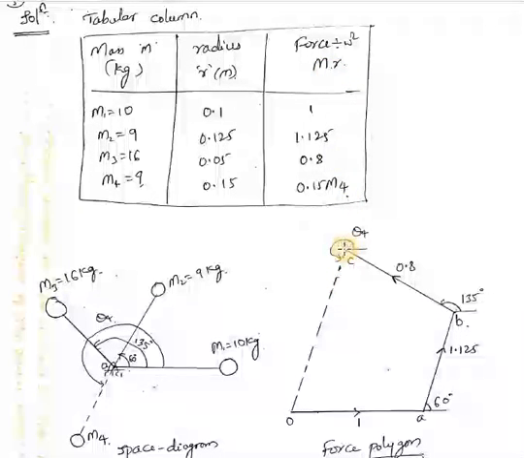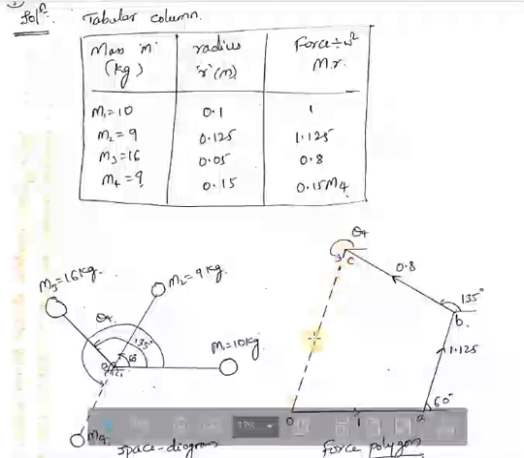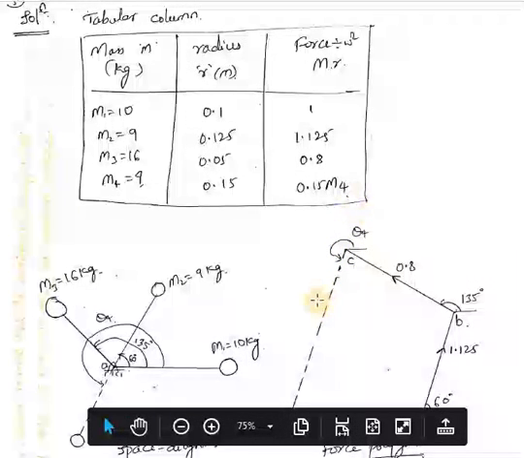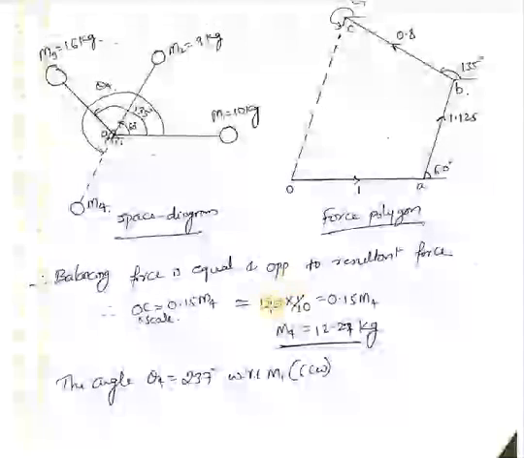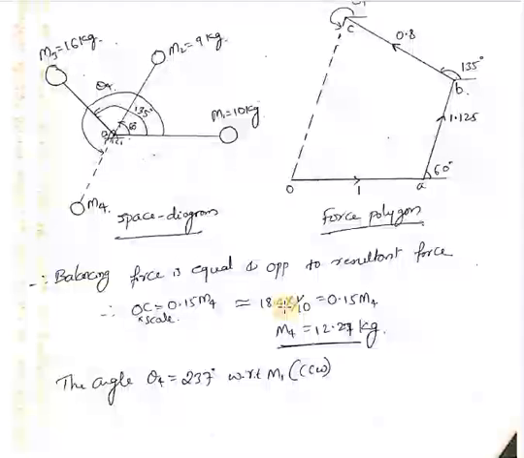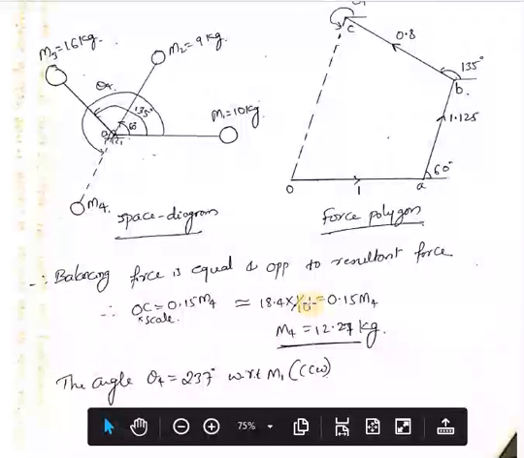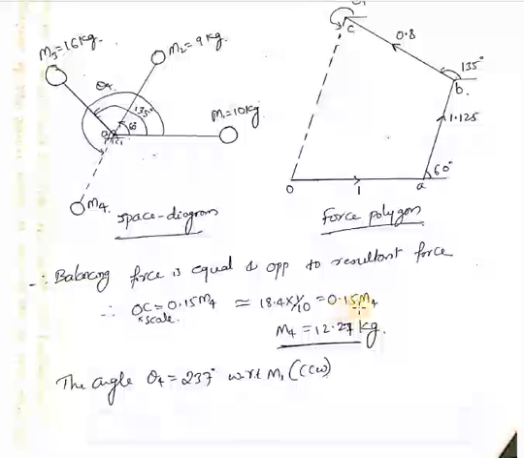So now if I say that this is the force due to mass M4, that means the length of this line should be equal to 0.15 into M4. So 18.4 which I got, that is the length of this line, and my scaling factor is 10:1, so I have to divide that 1 divided by 10, which should be equal to 0.15 into M4.